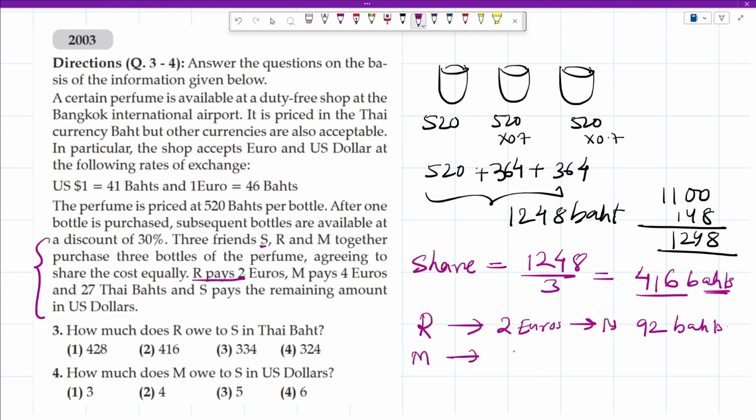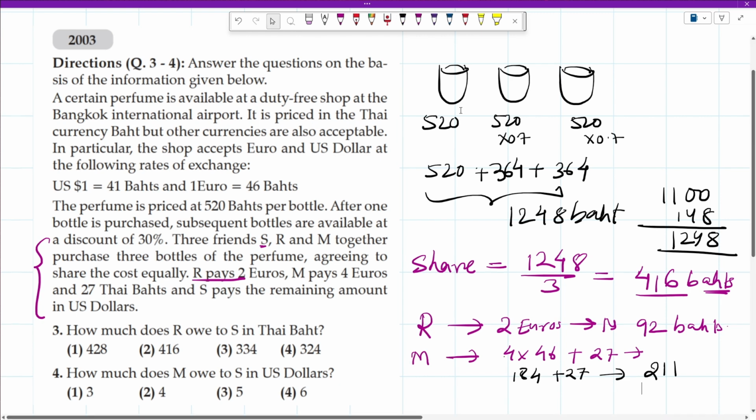So 4 into 46 plus 27. 4 into 46 is 184, plus 27, this is going to be 211 baht.